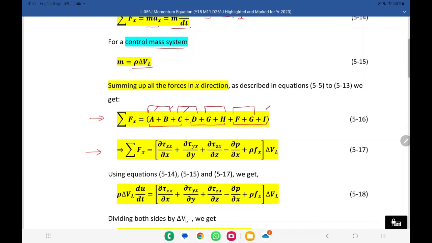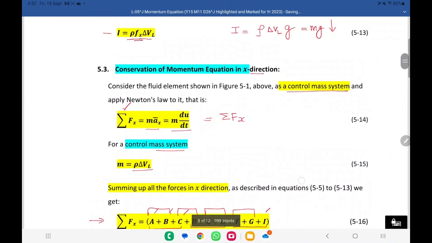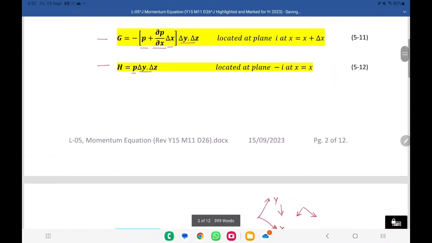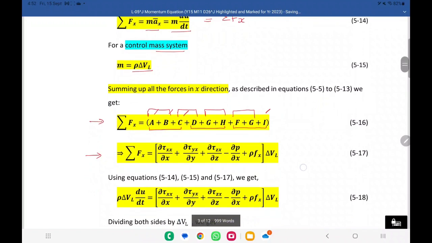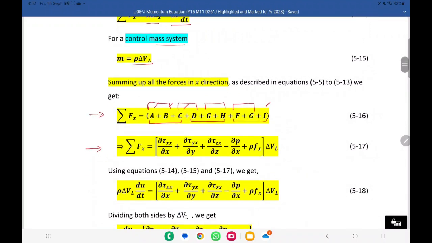I and F and G will come, I will come, where did the P one go? We have talked about P. Yes, P is GH. So this has come AB, CD.